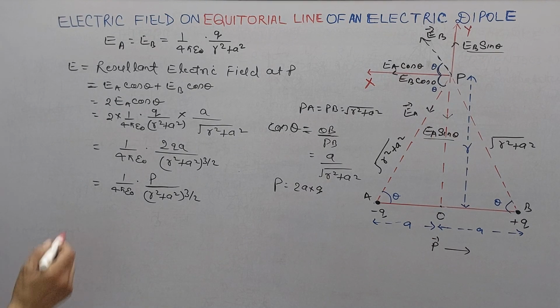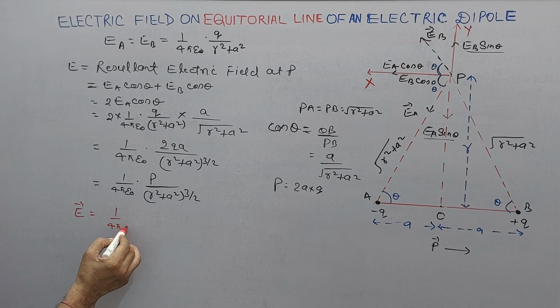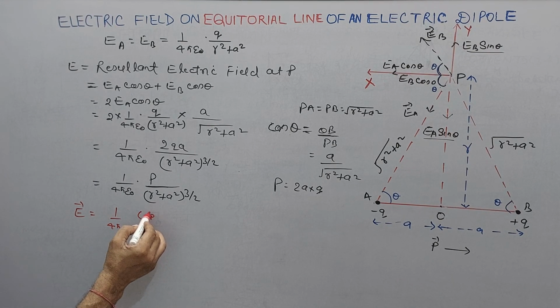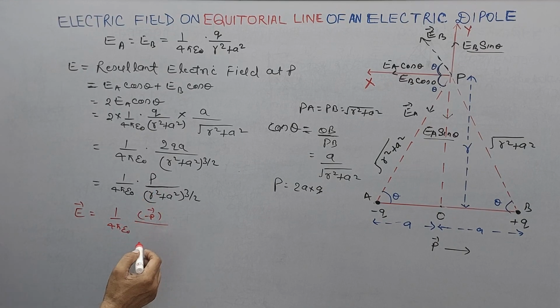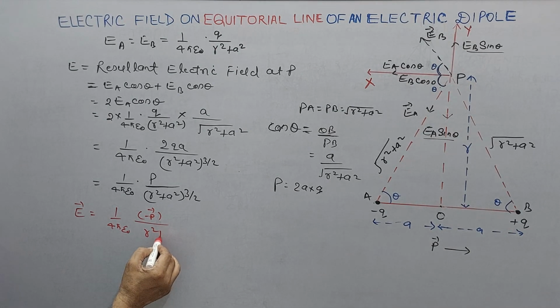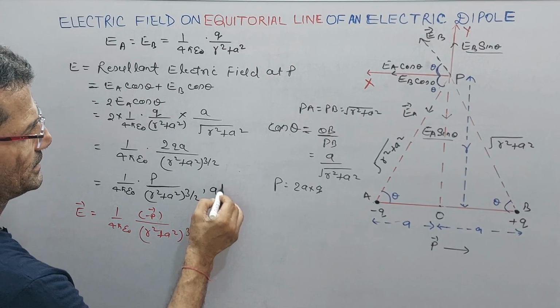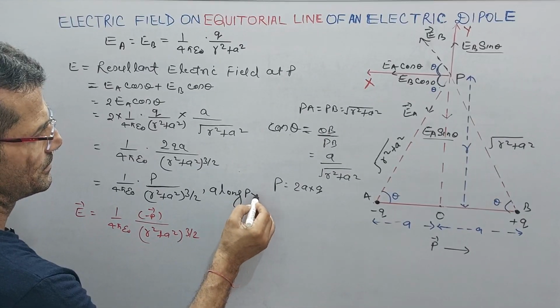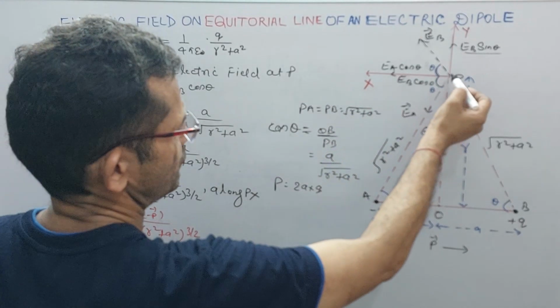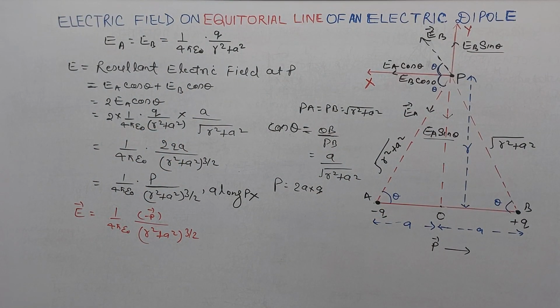Therefore, in vector format, vector E is 1 upon 4 pi epsilon naught times minus p vector, because its direction is along PX, divided by r square plus a square raised to the power 3/2. This is the expression, and it is along PX. P is the point where we have calculated the electric field.